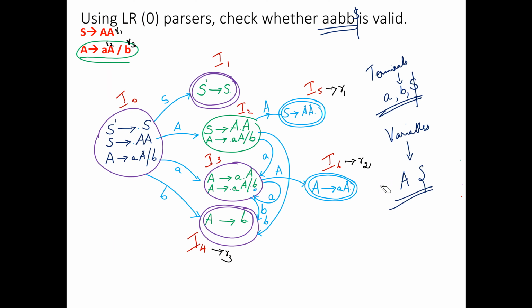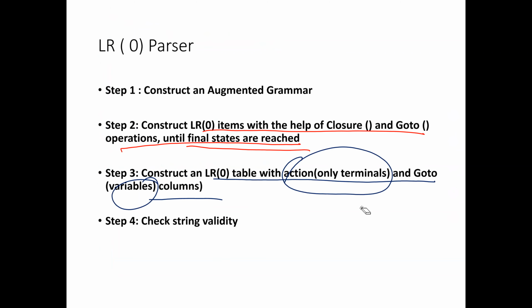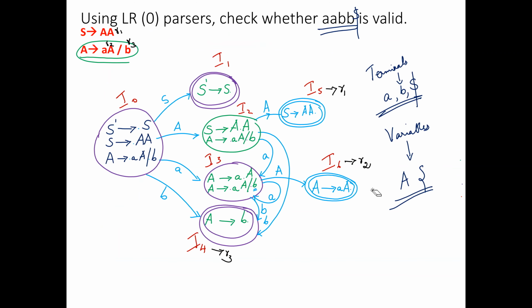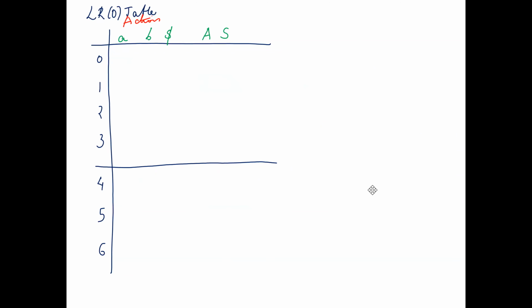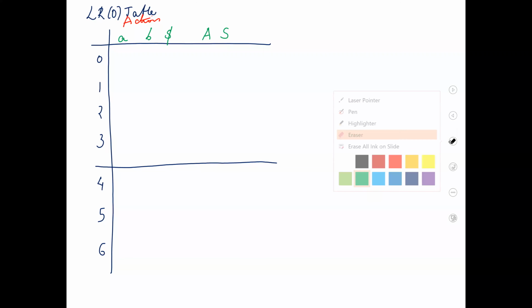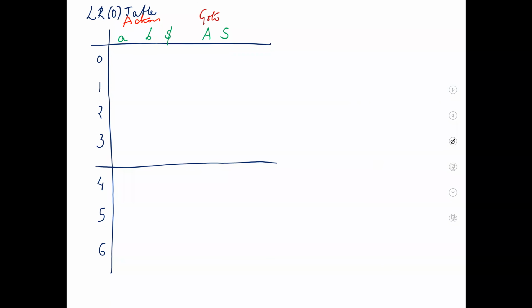Variables, we do have capital A and capital S. LR0 table will have an action with only the terminals and a go to with only the variables. So for that I have my action part. I've written A, B, dollar. In my go to part I will write A and S, the capitals.